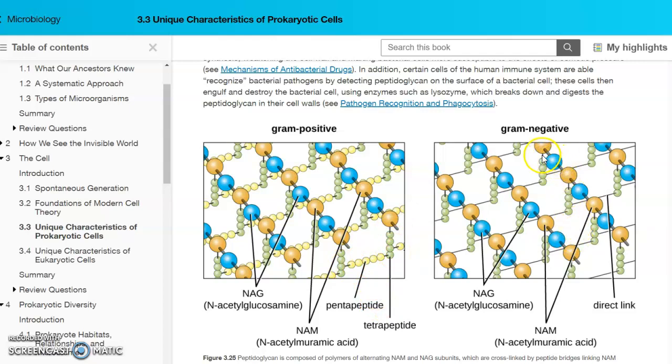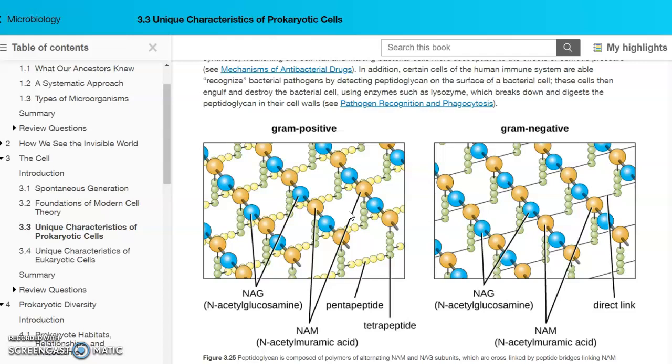In gram-negatives, we have the tetrapeptides, but then we're missing that pentapeptide link. We just have this direct link. And this is a fundamental difference between two major groups of bacterial cells, and we use the gram stain to differentiate between gram-positive and gram-negative cells.